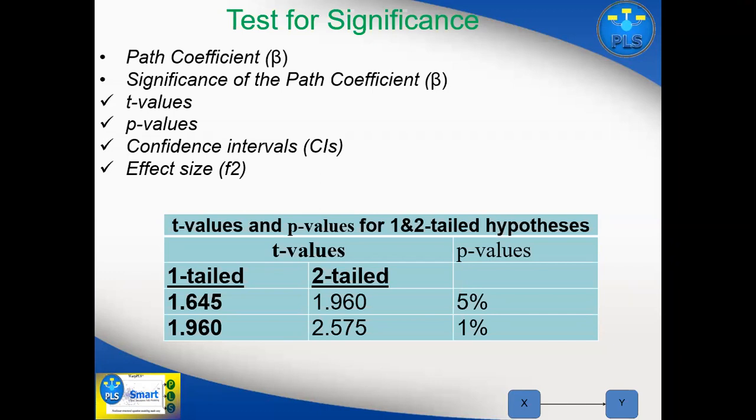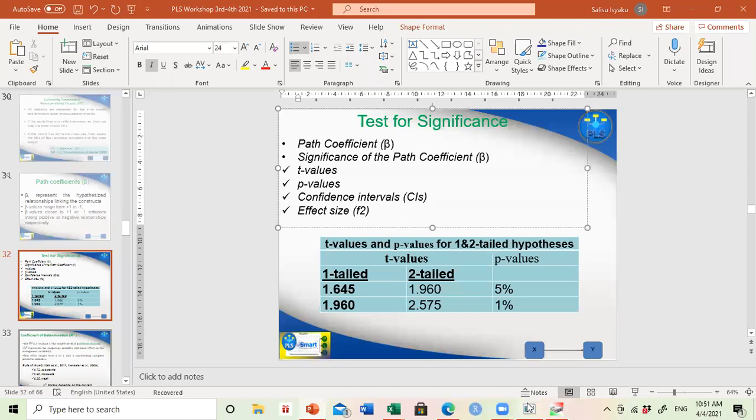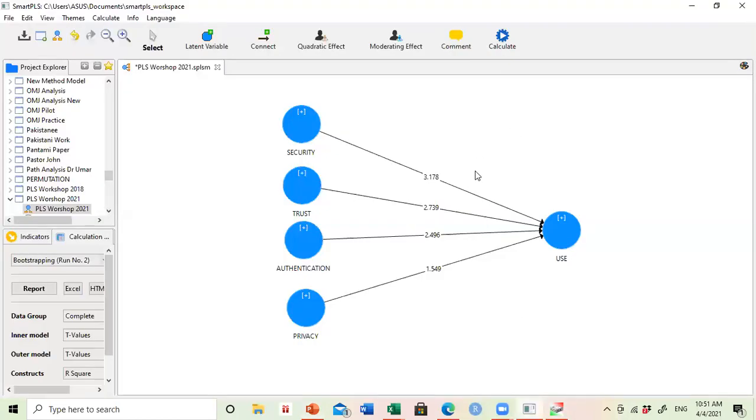So we go back to our model and see. Security to use is greater than 1.64, so significant. Trust to use is greater than 1.64, therefore significant. Authentication is greater than 1.64, therefore significant. But privacy is less than 1.64, so we conclude that this one is not significant. And by the way, if you remember, privacy to use is negative.